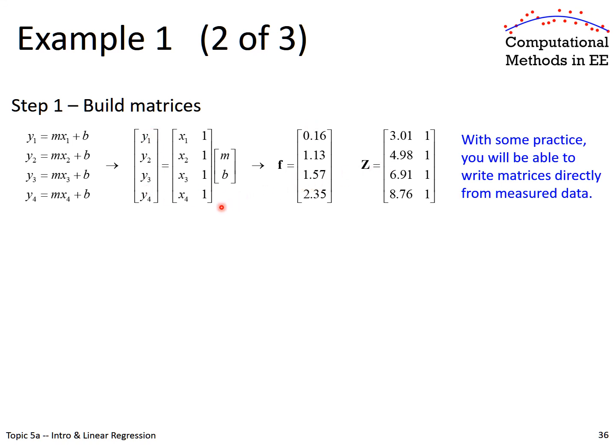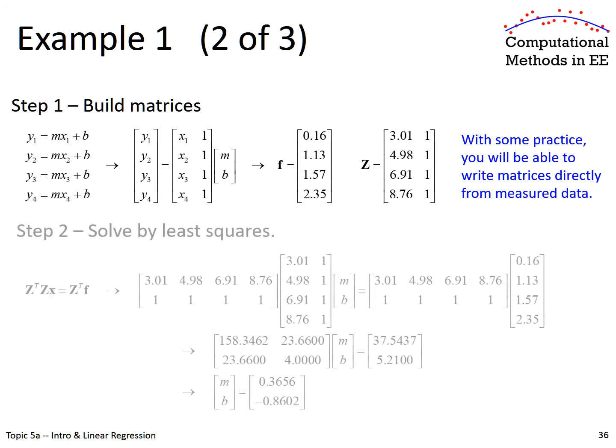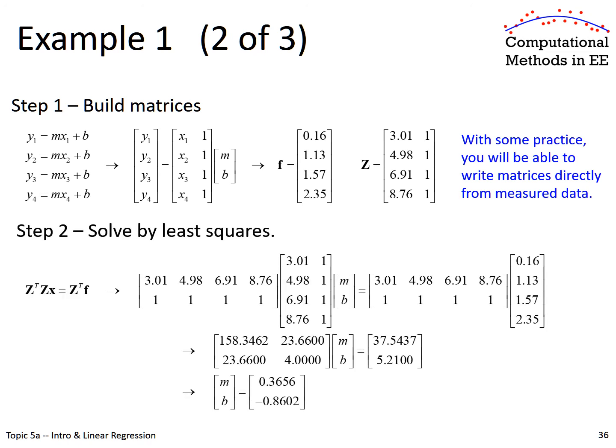And then our Z matrix is here. That's essentially our coordinates. So with practice, we can go straight from our data samples to the F and the Z. F containing our measurements, Z containing the coordinates. To solve this by least squares, we take our vertical Z matrix, if you will, and we pre-multiply both sides of our equation by the transpose.